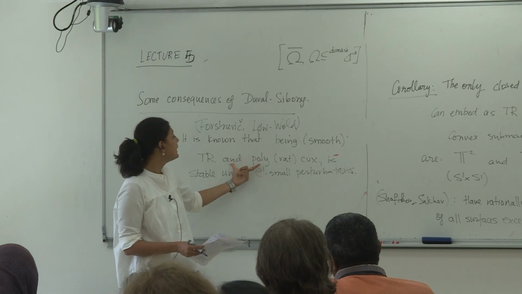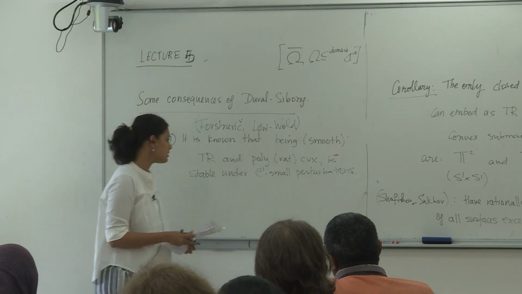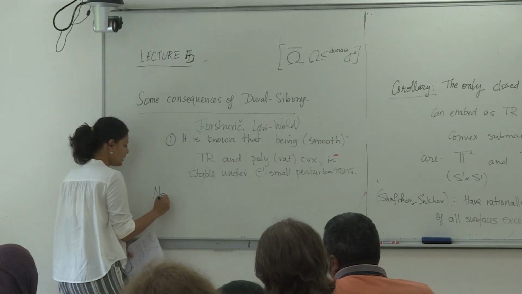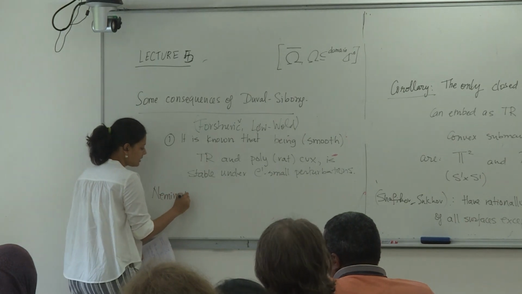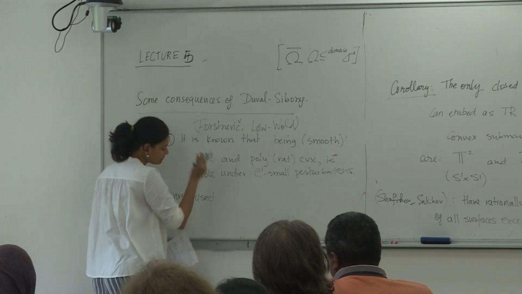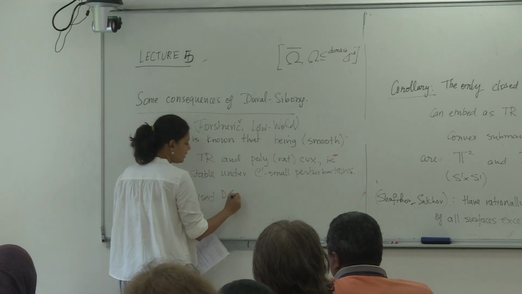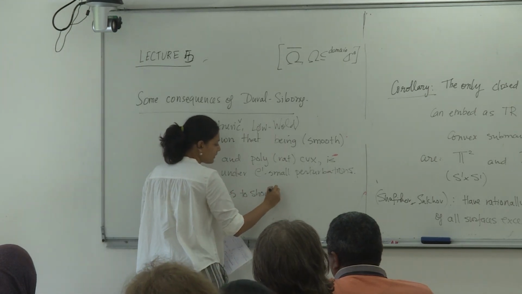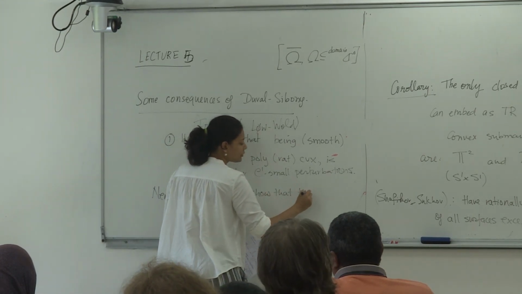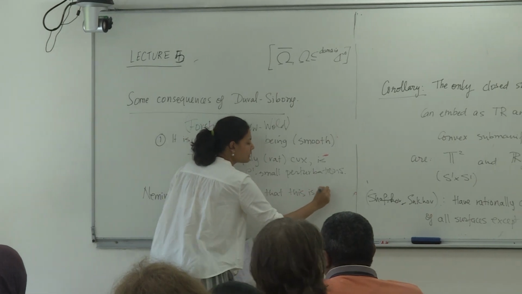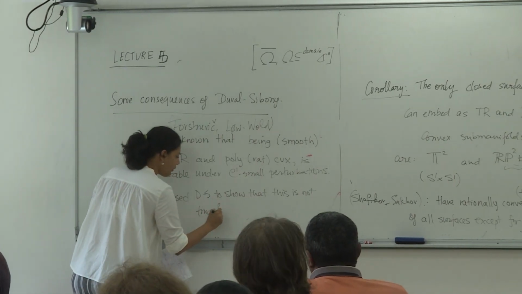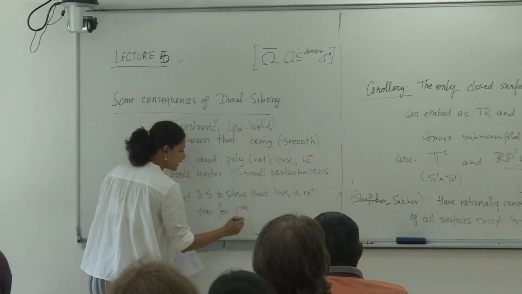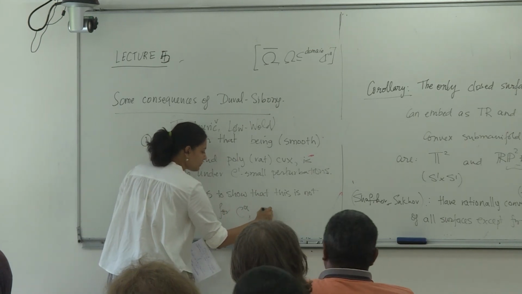Remember that these two imply very strong approximations, but Nemirovski used Duval-Sibony to show that this is not true for C alpha perturbations. So these are Hölder perturbations.